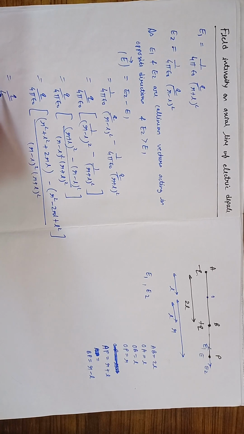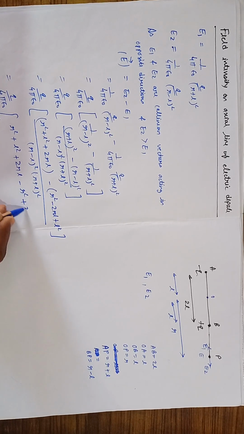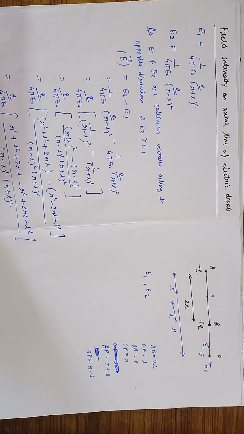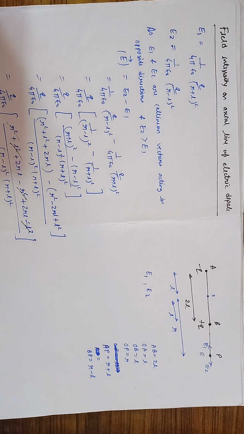We will open the bracket. r square plus l square plus 2rl minus r square plus 2rl minus l square. Now this will cancel each other, and this will cancel each other.